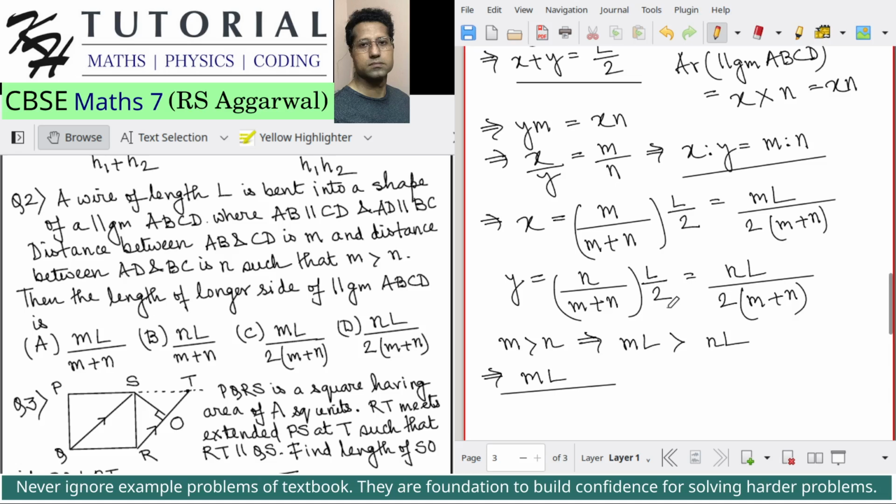The numerator for x is mL and the numerator for y is nL, and so the numerators of the values of x and y will differentiate whether x is greater or y is greater.